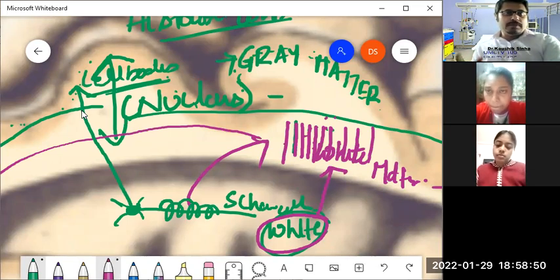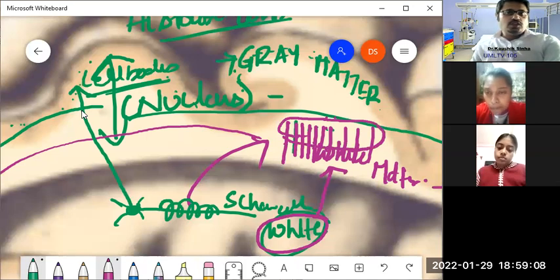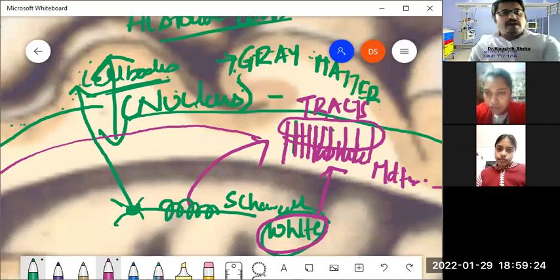And multiple such endoneurium-bound axons make what? Fascicles, and many fascicles together make up the total nerve. I said this in the case of mixed nerves. So similarly, the bundle of axons present in the central nervous system, this bundle contributing to the white matter, is termed as tracts. Not nerves, because this bundle is present inside the central nervous system. So a bundle of axons present inside the central nervous system is known as a tract.